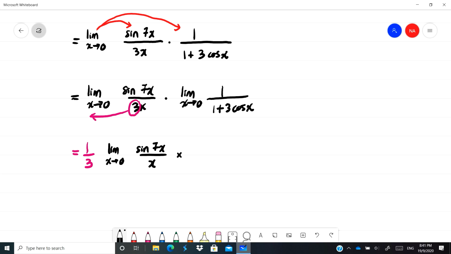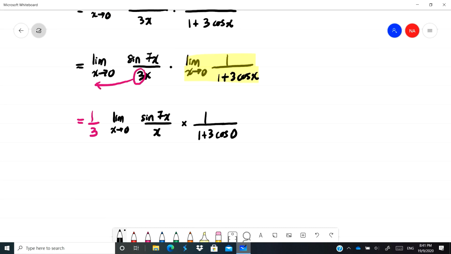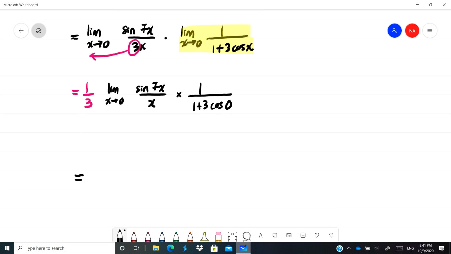I'm talking about this part where you can simply substitute the value of x as 0, so 1 over (1 plus 3 cos 0). Cos 0 is 1, bear in mind that cos 0 is 1.